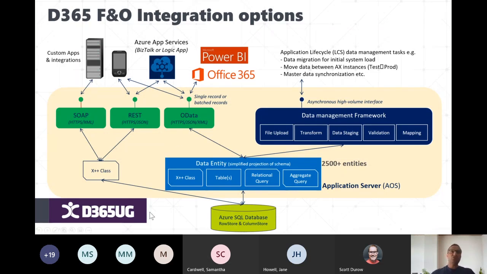In addition, you can also expose business logic from finance and operations as a web service. We'll talk about some of these options in more detail when we go into some of the design concepts and how it integrates data with Common Data Service.